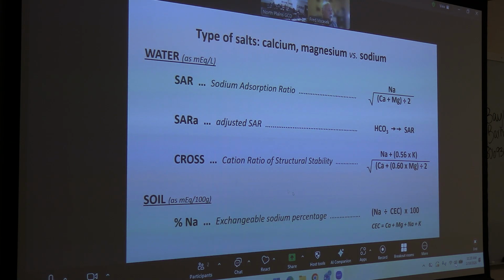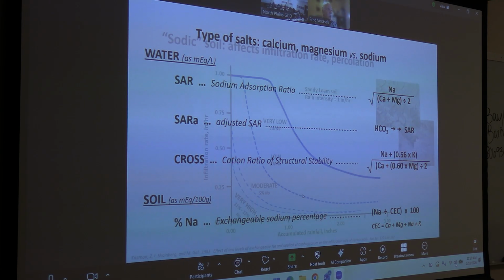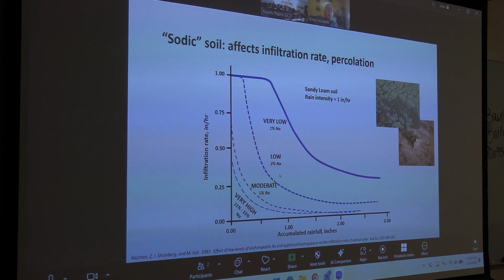The number I look at is percentage of sodium, the exchangeable sodium percentage. And that is an important number when we're diagnosing these things. The higher the sodium percentage, the more sodium we have in the soil, and the more dispersive that soil is.